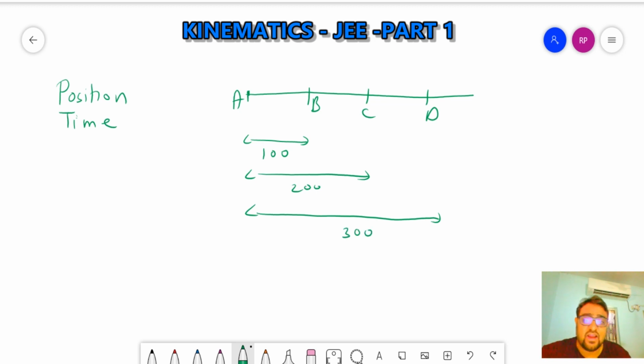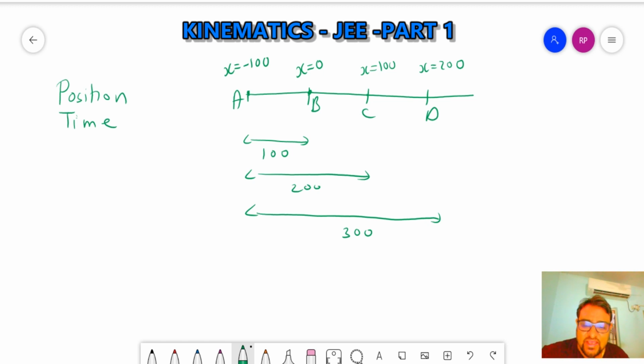Now if I take origin as B, if I take here x is equal to 0, then the position of C is 100, the position of D is 200, and the position of A is minus 100. Remember that.